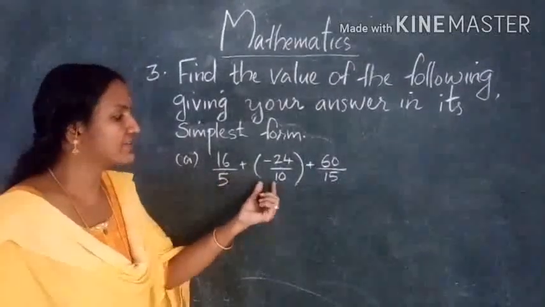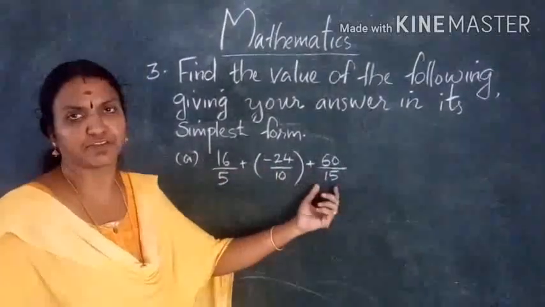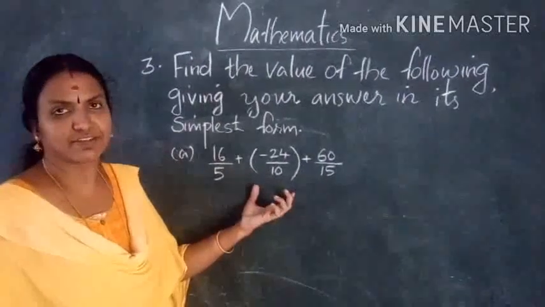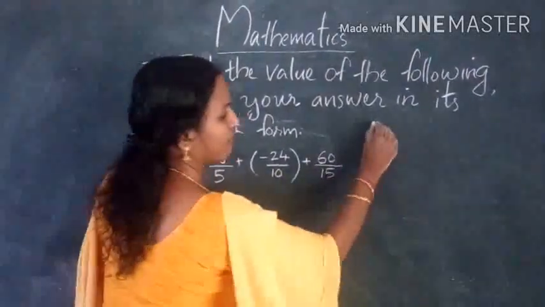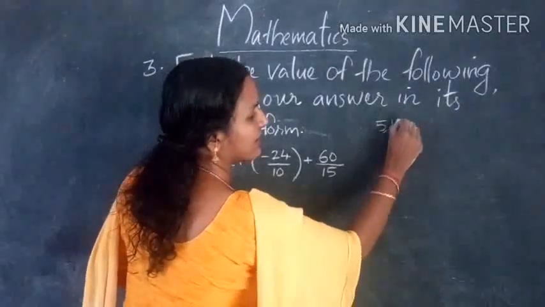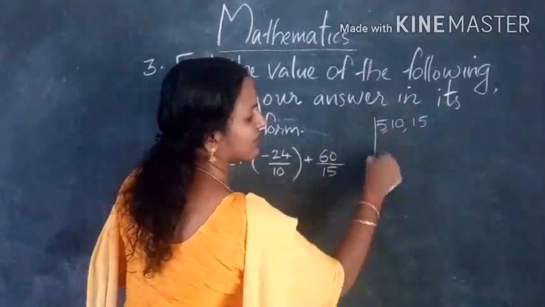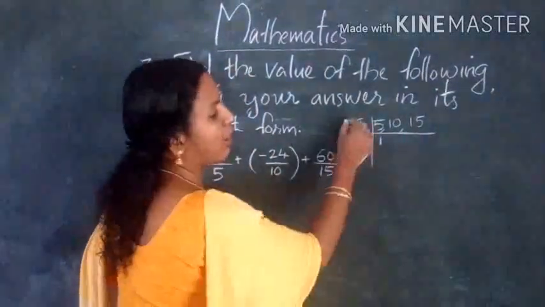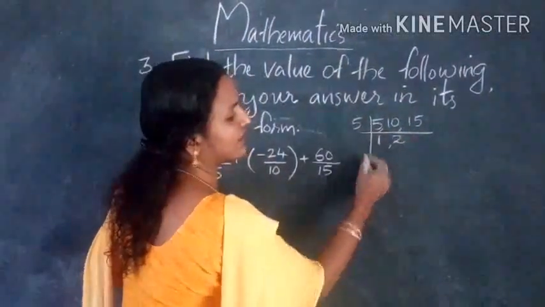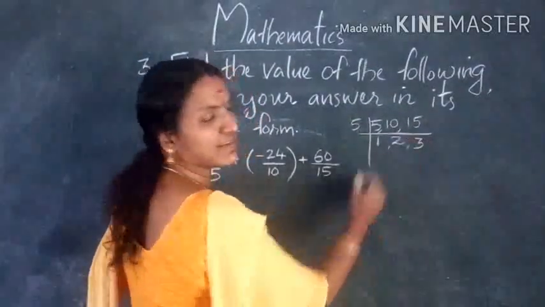Here, the denominators are different, 5, 10 and 15. So, we take the LCM first. The LCM of 5, 10 and 15. How many 5s are in 5? 1 5s are 5. How many 5s are in 10? 2 5s are 10. How many 5s are in 15? 3 5s are 15.